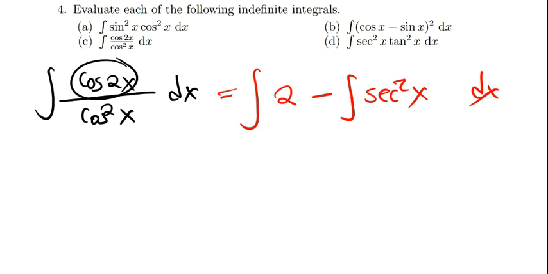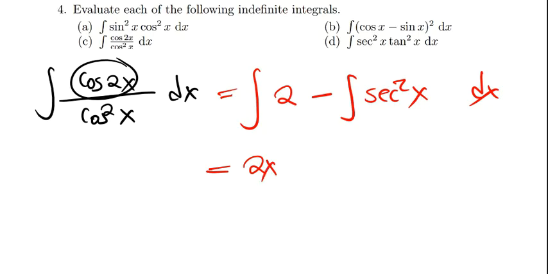So you and I know that the derivative of tan of x is what? What's the derivative of tan of x? That's secant squared of x. Very important. So if we try to integrate this, the integral of 2 is going to be 2x.